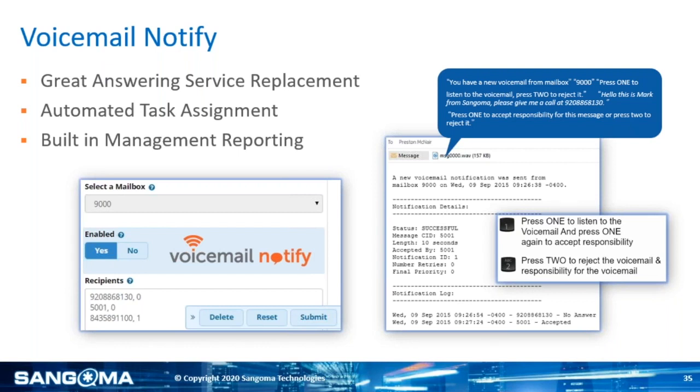This will be based on parameters that you set, but you can set it to call individuals on their work phones, on their cell phones, wherever you have it. Once they take ownership, you will then get a report that'll tell you who it rang, who didn't answer the phone. You can even see if somebody answered the phone, listened to the voicemail, and said, I don't want to deal with this, and either hung up or didn't accept it.